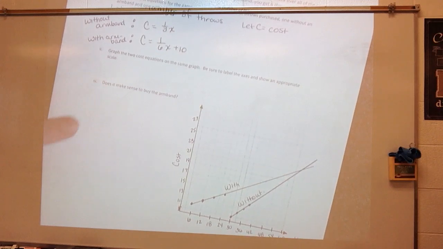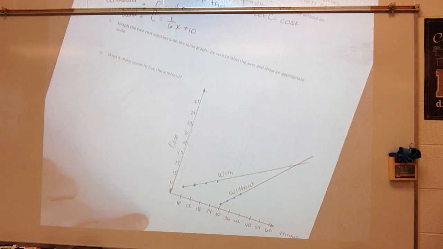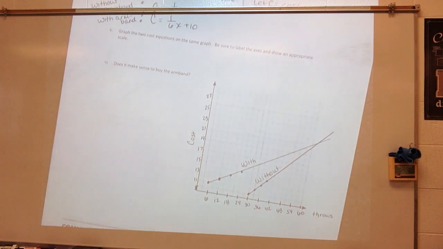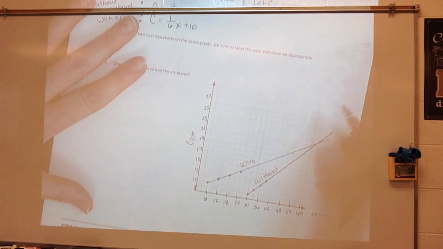So they want to know, does it make sense for you to buy the armband? Well, look what's happening here. Without the armband, it's going to cost me a lot less, unless I get to 60 throws, which is where we start to cross here.